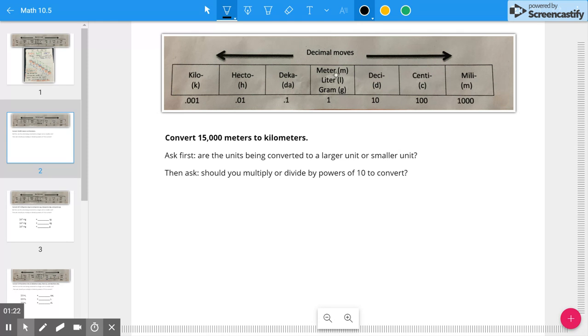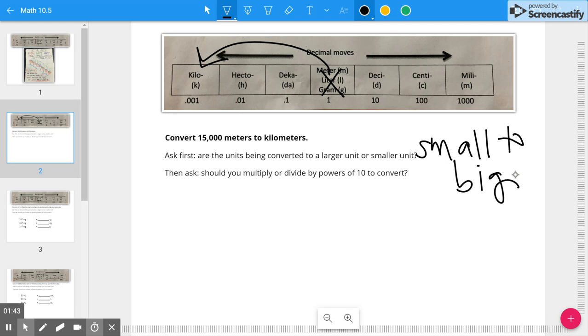If I am here at meters and I need to move to kilometers this way, is that moving from big to small or small to big? That is actually moving from small to big. So I'm going to put small to big. Just like we did with customary units, we're going to use the same phrases: silly, babies, dancing.